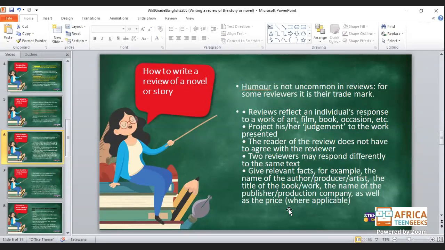It is about giving your opinion, your own judgments, expressing your own response about the novel or the story that you may have read. So this is what writing reviews really is about.